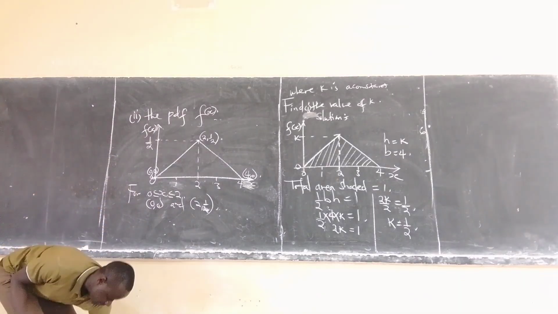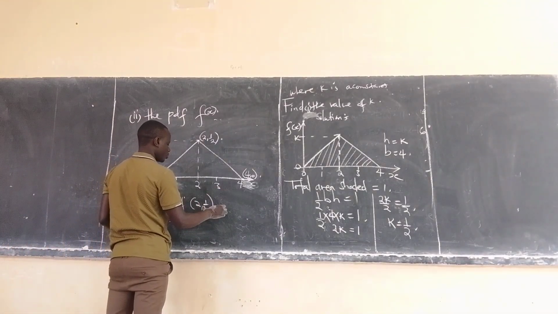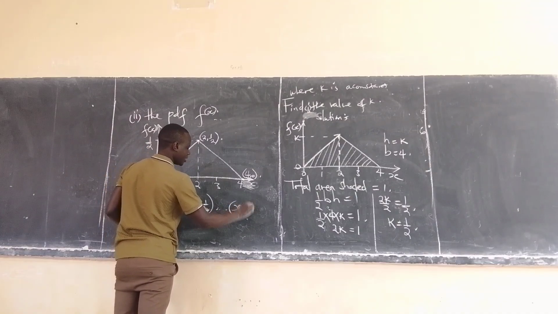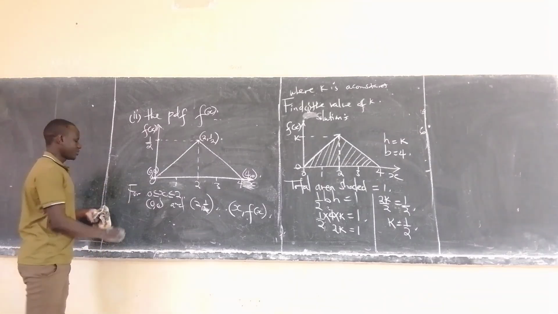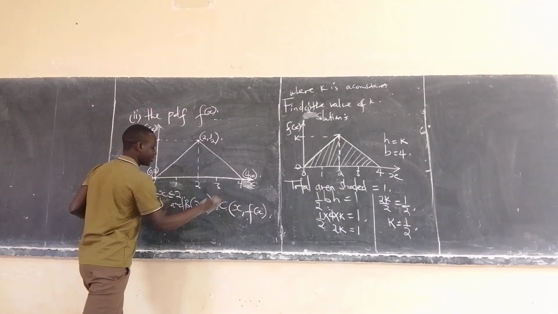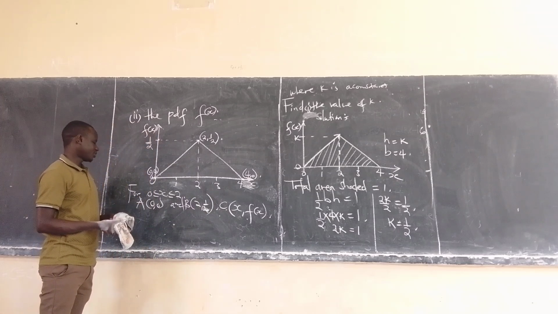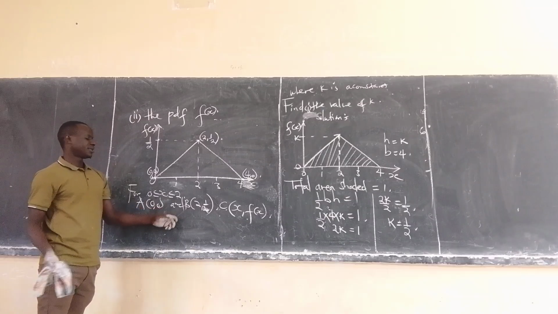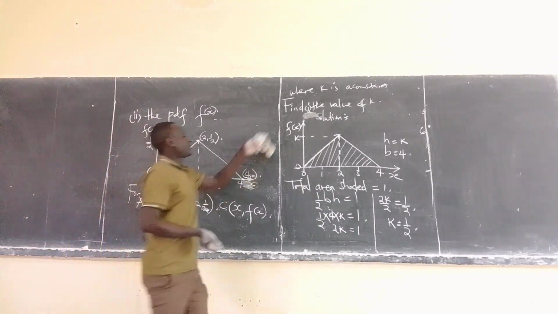So the first step, we are going to assume another variable point x, f of x, lies on the same line. If you call these points A, B, and C, we are going to find the equation of the line passing through A, B and C. Now find that equation.